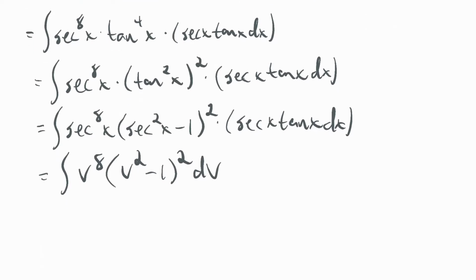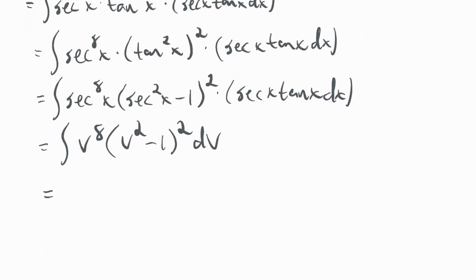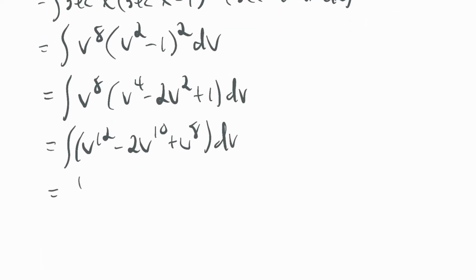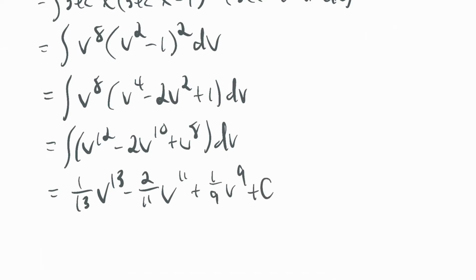Okay, so now I can do some distribution. So I get v to the 8th power, v to the 4th minus 2v squared plus 1 dv. So I get integral v to the 12th power minus 2v to the 10th power plus v to the 8th power dv. Now I can do the antiderivative, so 1 over 13 v to the 13th power minus 2 over 11 v to the 11th power plus 1 over 9 v to the 9th power plus c.